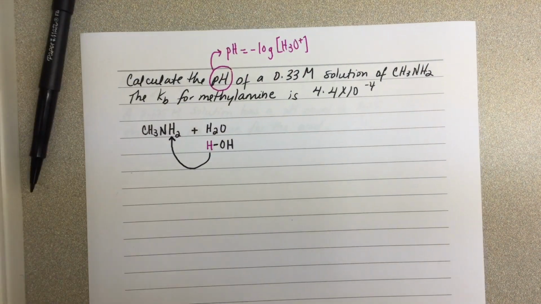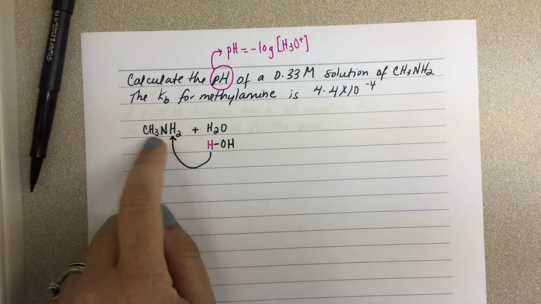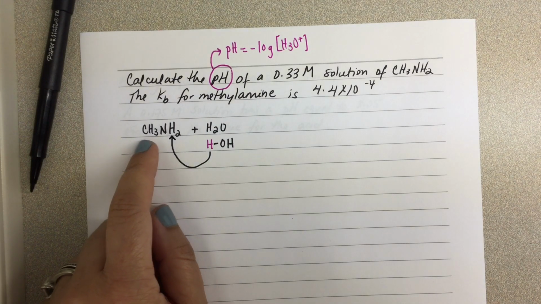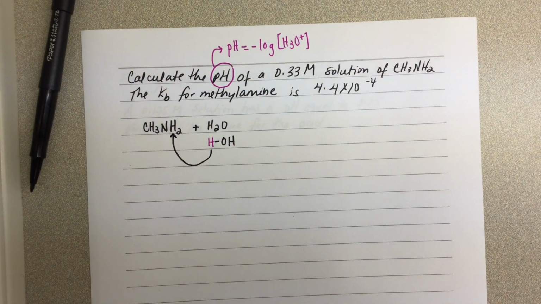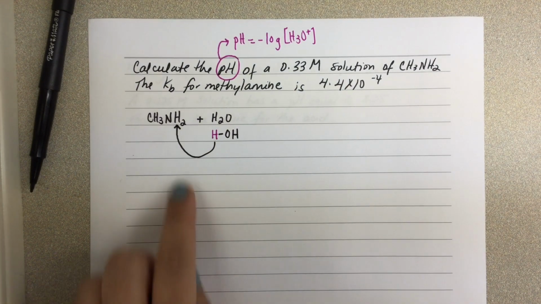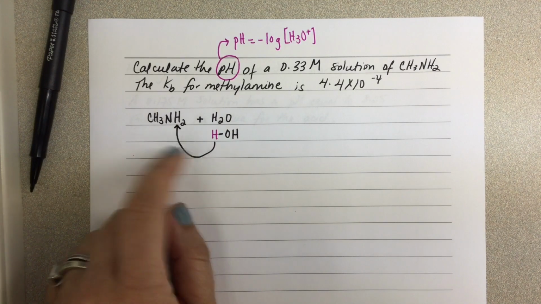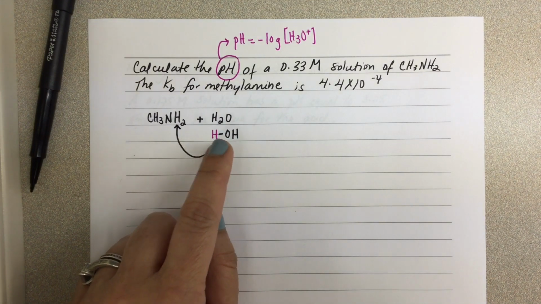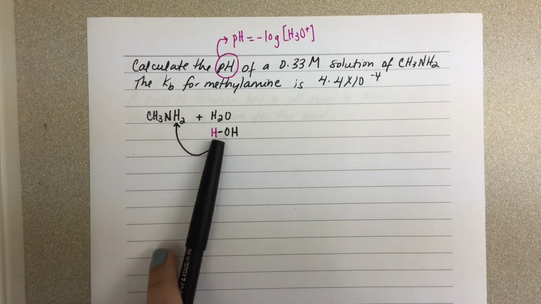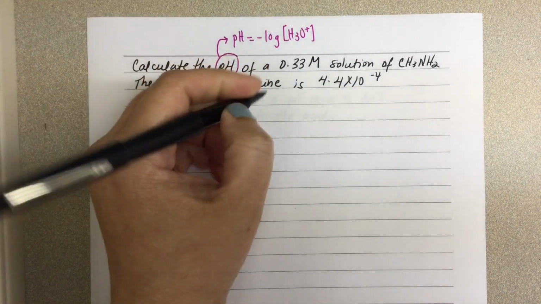So a weak base is going to accept a proton. The one that is accepting the proton is the nitrogen, not the carbon. Carbon here already has 4 bonds. You cannot add an additional bond to carbon, right? Carbon has 4 valence electrons. It can form a maximum of 4 bonds. So your nitrogen here is the one that is going to be accepting the proton. Instead of NH2, you will get NH3 because it's accepting a proton.